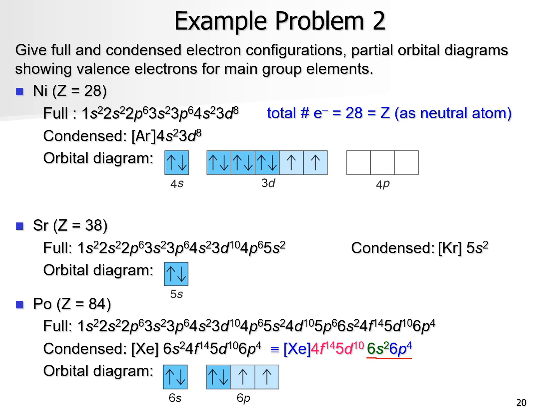And that is not just for main group elements like polonium. For transition metals like nickel, we can do the same. We flip the order of 3d and 4s, for reasons that are beyond the scope of general chemistry here, but I just want you to know, so we won't be surprised to see articles or references that have 3d8 4s2 as the electron configuration of nickel.